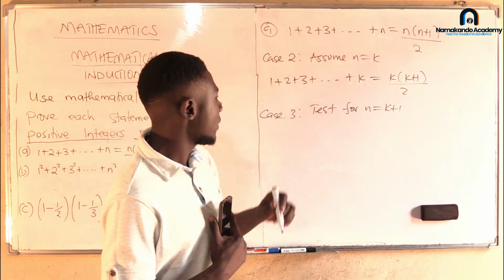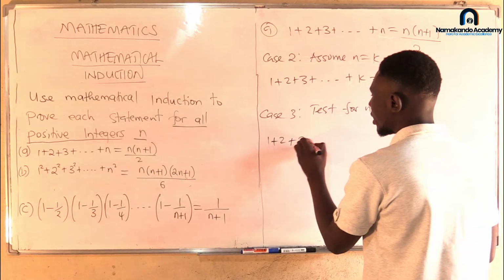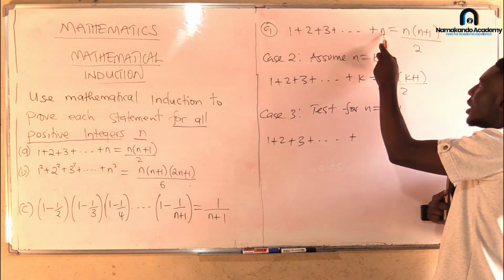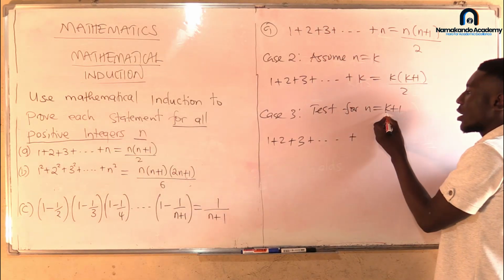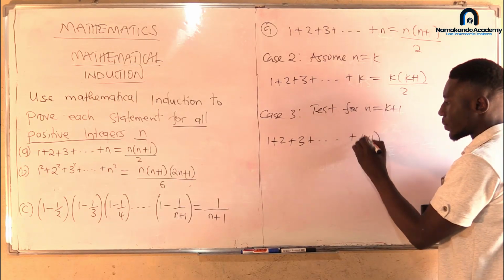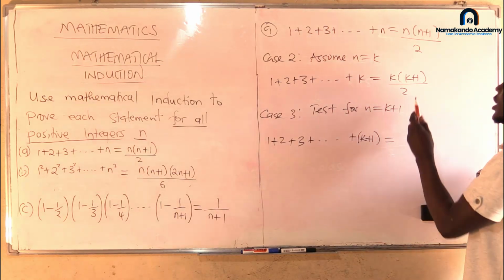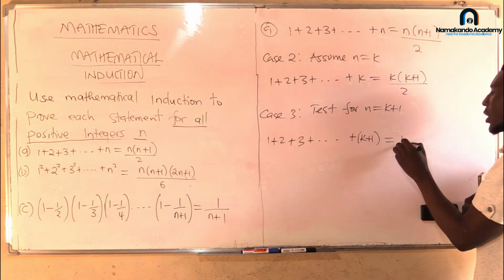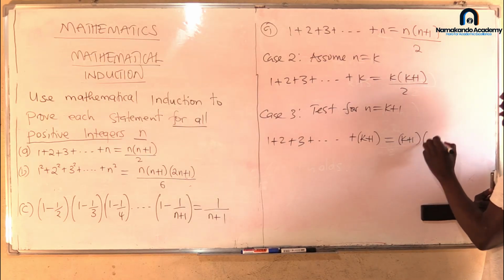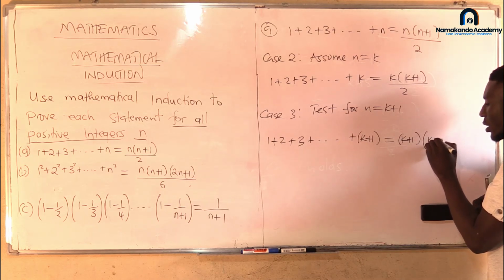We get our statement, which is 1 plus 2 plus 3 plus until the last one, which is n. And in this case, our n is equal to k plus 1. So we're going to replace it with k plus 1. This is equal to, here where there's n, we replace with k plus 1. Then this is multiplying with, here where there's n, we're replacing with k plus 1.